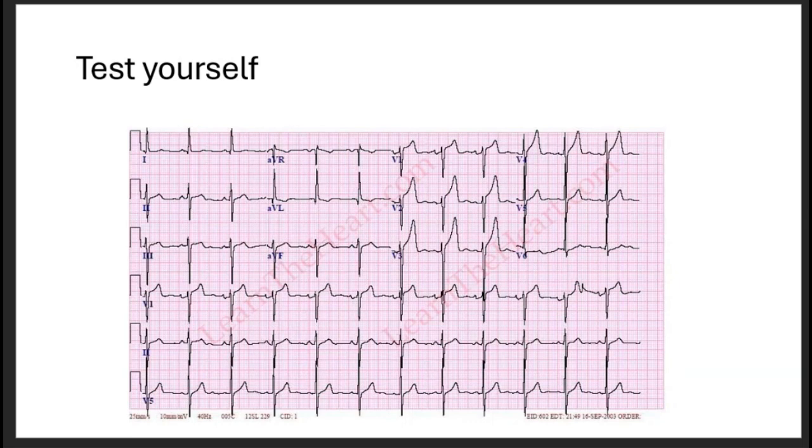Do you remember when we said QR in lead 1 and AVL, and RS in leads 2, 3 and AVF? In lead 1, you can obviously see the QR, even in AVL, QR. And in lead 2, you can see RS, even in AVF, RS.